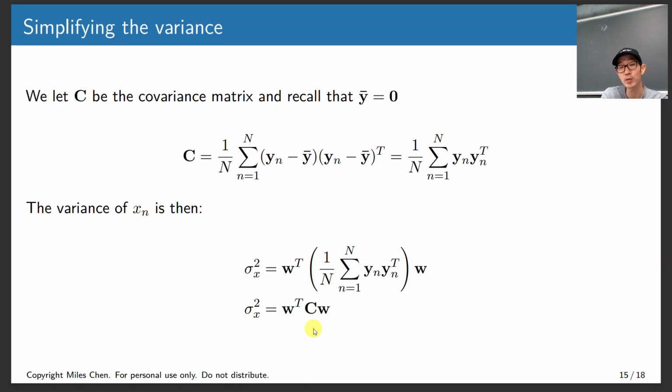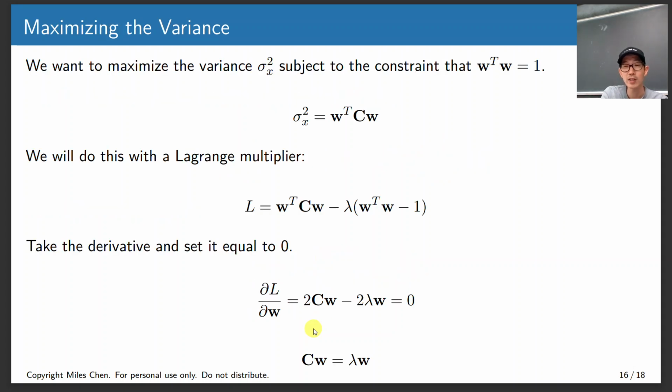How do I find the w's to maximize this? We can do a Lagrange multiplier. So how do you maximize something when you have a constraint? We have the constraint that the length of w, or w transpose w, is equal to 1.